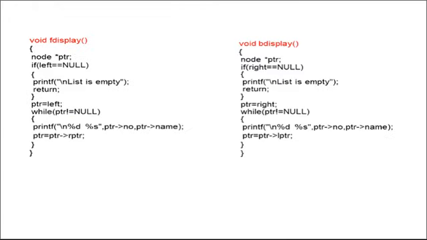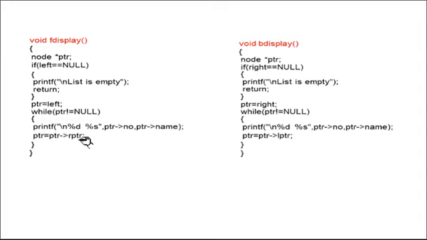After insertion and deletion operations, now two more functions called forward display and backward display. To display all the node values in the double linked list, just take one temporary pointer PTR, right? And using a loop, while PTR not equals null, PTR equals PTR of right pointer.